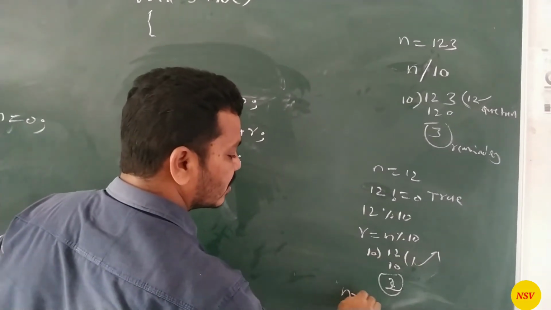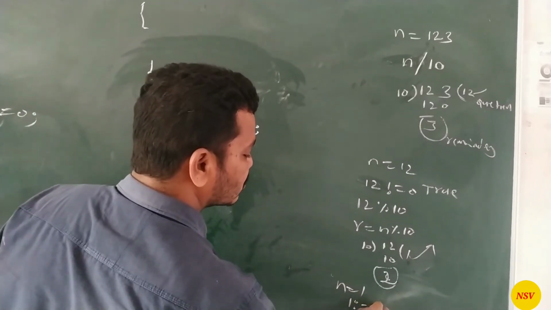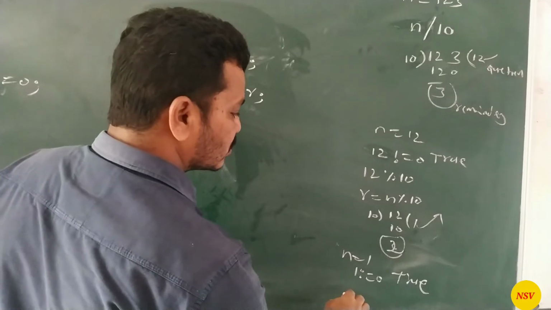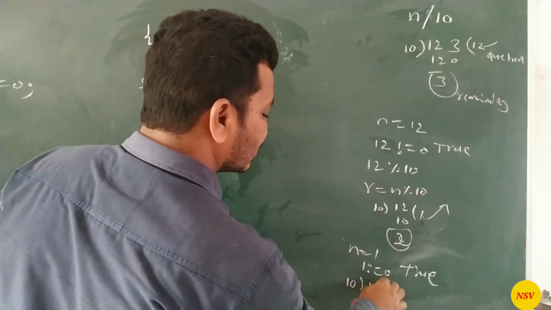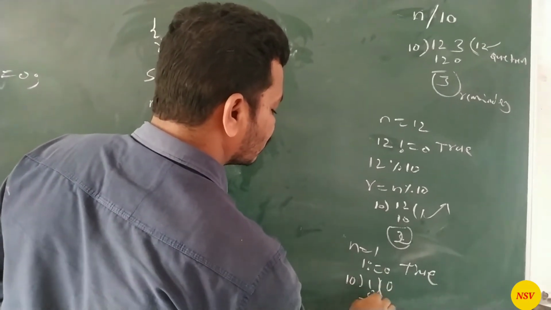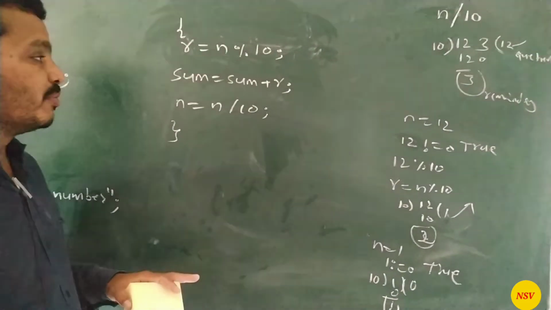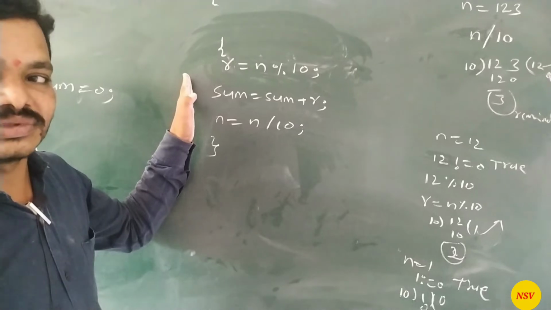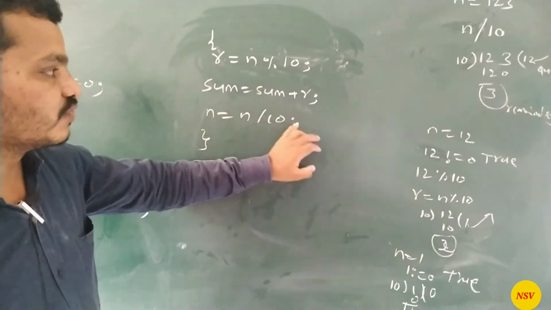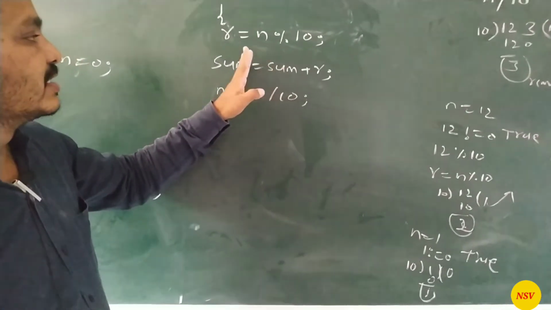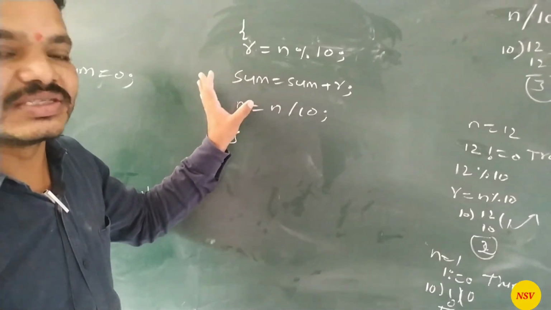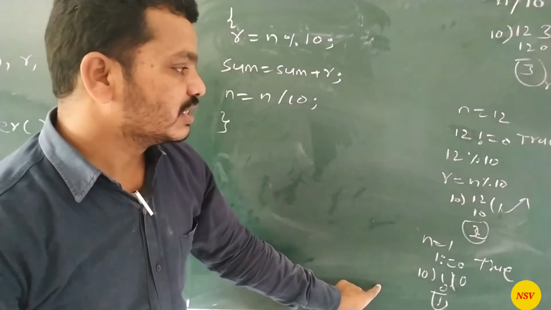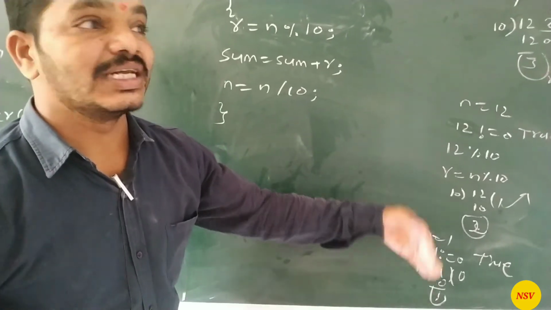Again the n value is 1. 1 is not equal to 0, so the condition is true. Then again n modulus 10: 10 zeros are 0, remainder is 1. Remainder is 1, so sum is equal to sum plus r. The sum value is 5, and 5 plus 1 is 6. So finally the sum variable holds the value 6. Then the quotient value is 0. 0 is not equal to 0 is false, the condition is false.